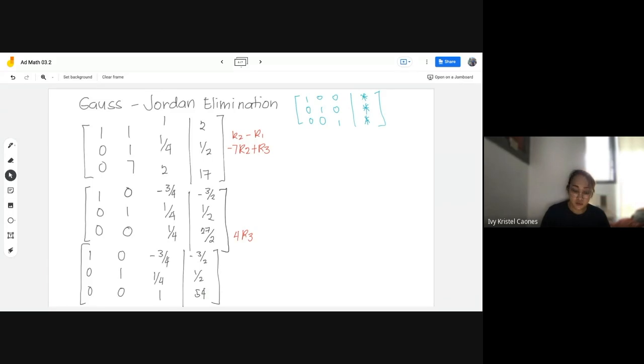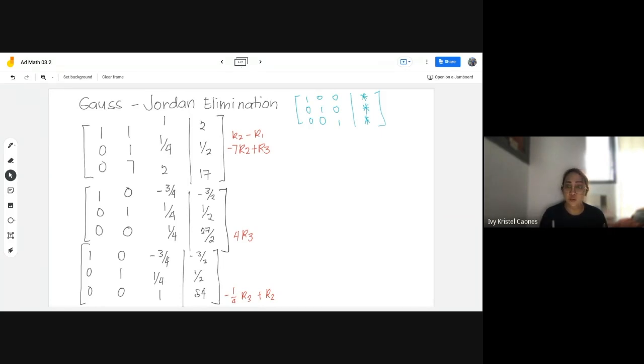How will you make these two elements 0? That is by multiplying negative 1/4 R3 plus R2. In case it doesn't turn out negative, let's say the answer is positive 13, you can just reverse the sign.